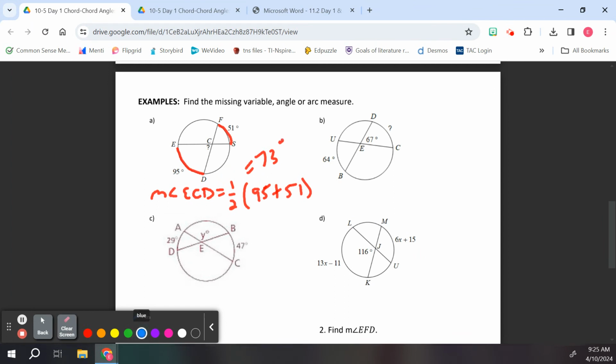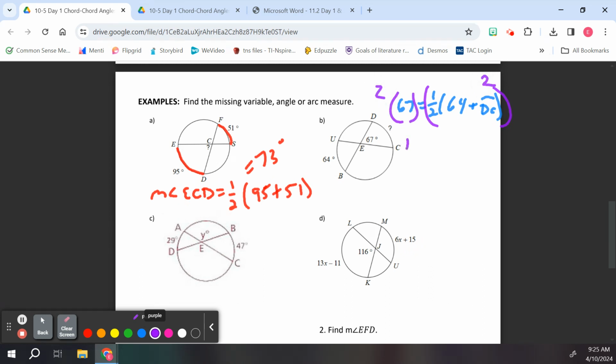Part B, now they're giving you the angle, so that means 67 is equal to 1/2 times 64 plus arc DC. We don't know what that is, so that's what we're going to find. So our first step is to multiply both sides by 2.